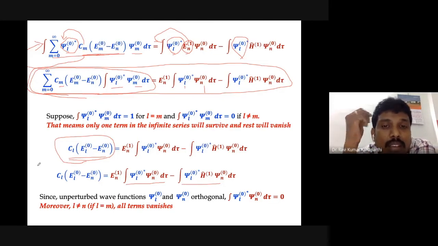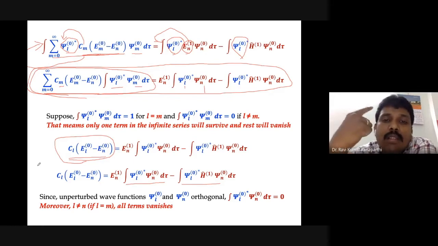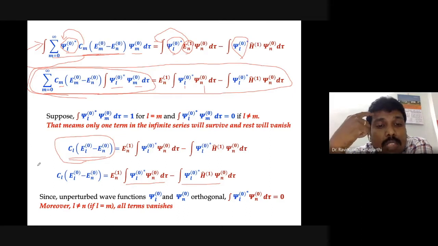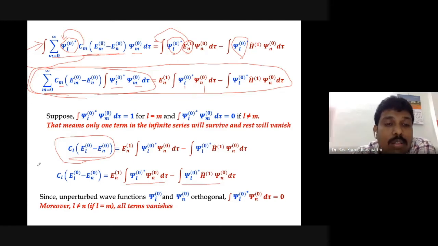If L is equal to M, only one particular term survives and all the other terms vanish. If L is equal to N, then En becomes En0 minus En0, that is 0 basically, so the entire thing will vanish.